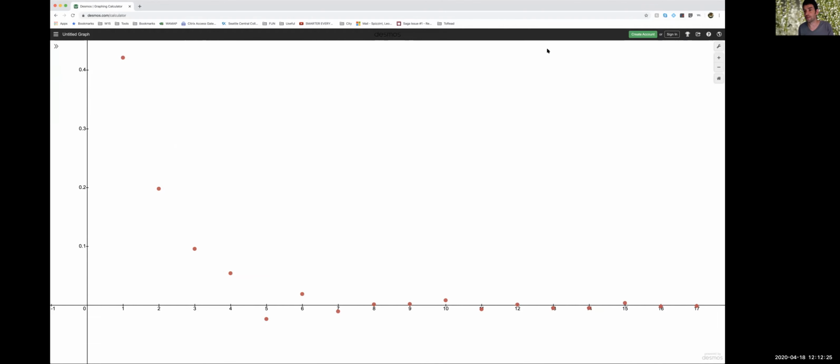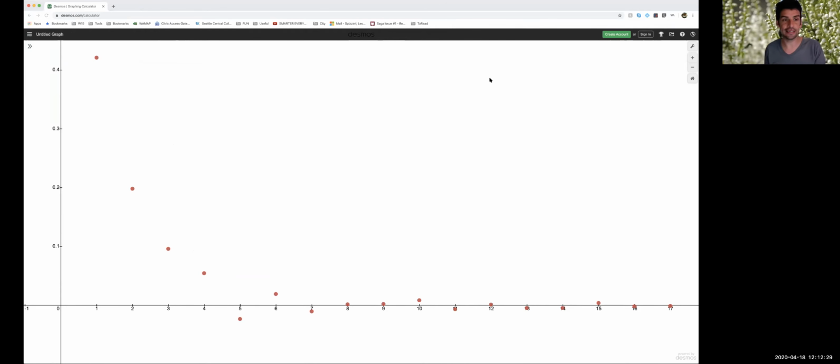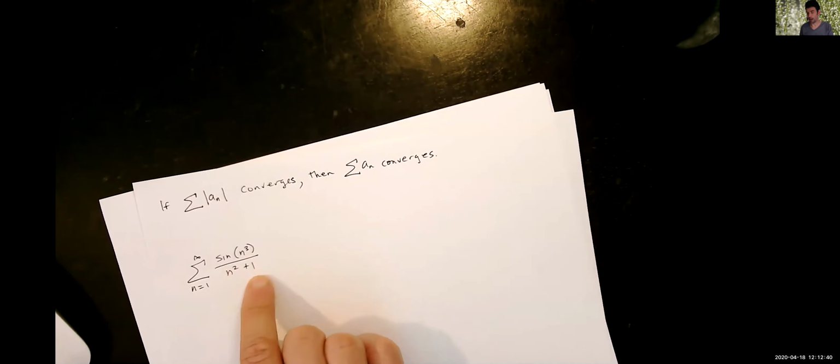And so we can't use the alternating series test here. If it alternated nicely, this would fit pretty well into the alternating series test because this denominator is going to get rather large. But we're not able to use the alternating series test here.